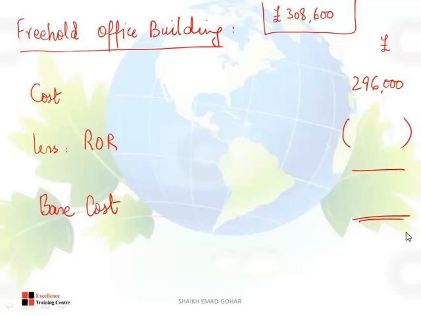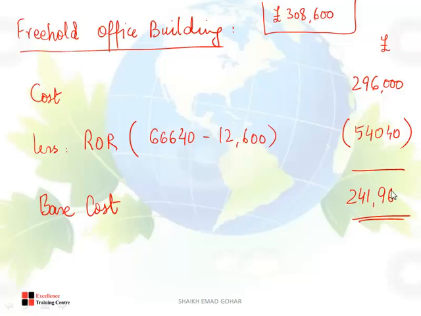This is immediately taxable. This is immediately chargeable. So how much is my chargeable gain? 66,640. And how much is immediately chargeable? You just told me. So how much can be rolled over? 54,040 can be rolled over only. 12,600 is immediately chargeable. What is the base cost? 241,960 is the base cost.